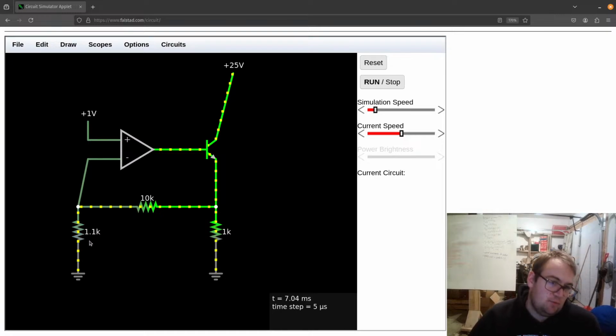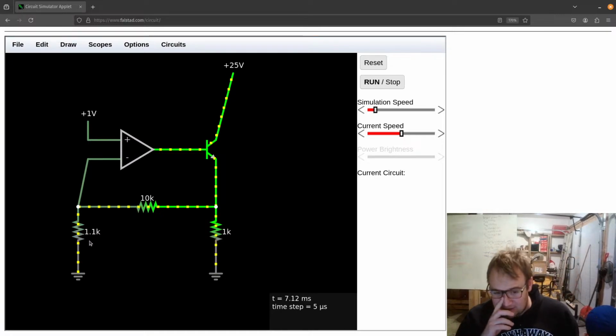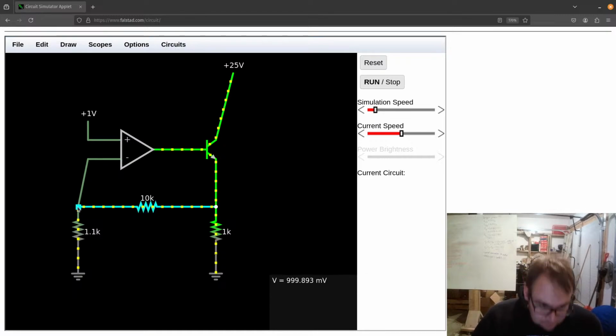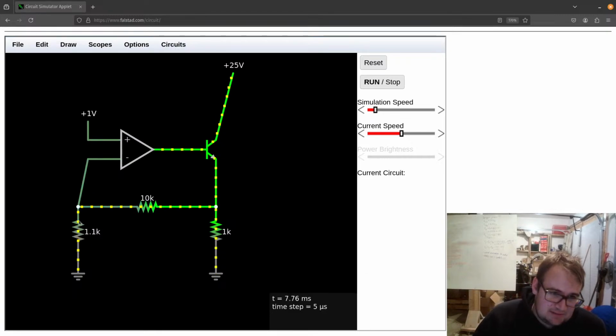It has 1.1K, and again, I think that they're getting to. I don't really read the text around these circuits before I do these. I may have read it at a different time, but I don't actively read it before. But anyways, we would have about a milliamp going through here.